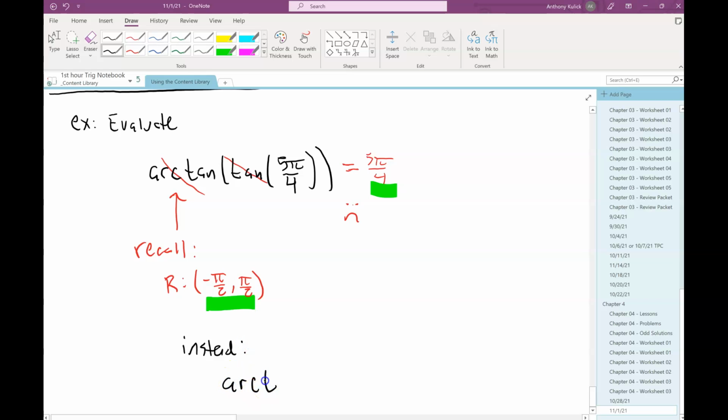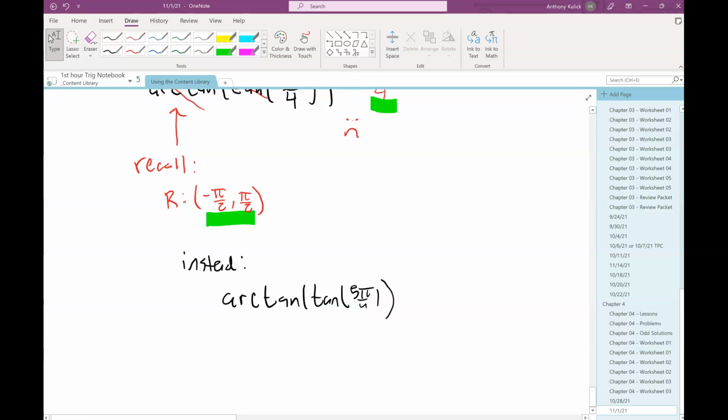Well, instead what we're going to do is work from the inside out. So I'm going to evaluate tangent of 5 pi over 4 using the unit circle.